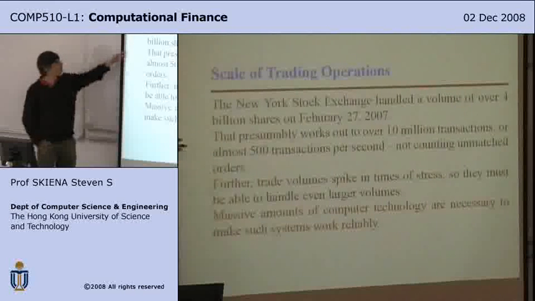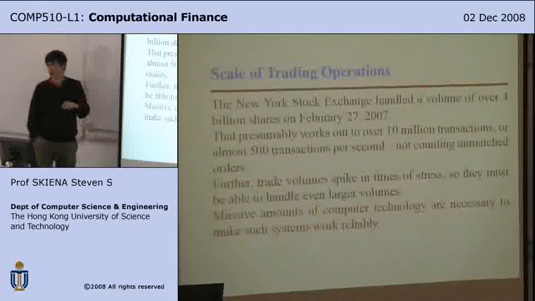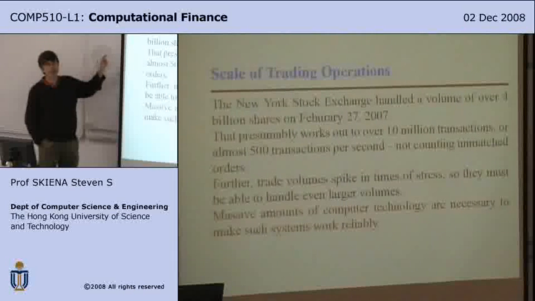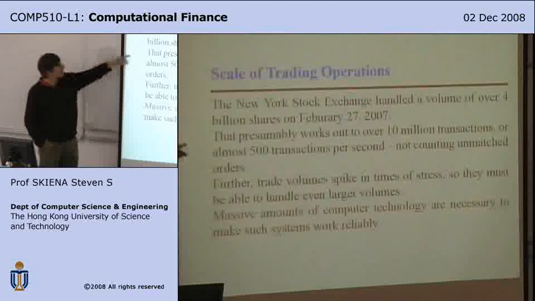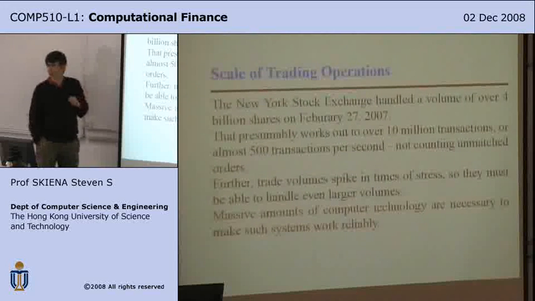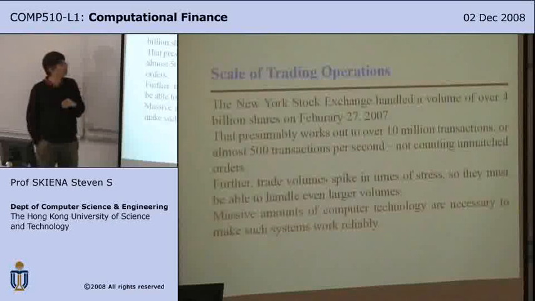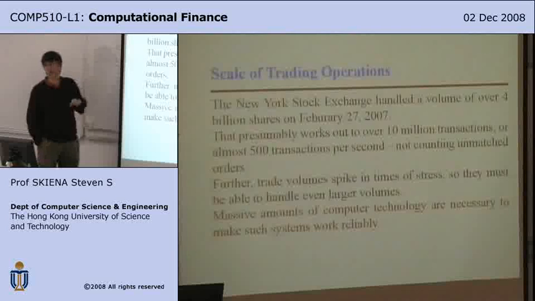So one way to think about it is that there are probably about 4 billion families, so maybe every family trades 1 share of stock a day. That's probably not the right way to look at it. But the way to look at it is, if the average transaction is on the order of 100 shares per transaction, which I know happens to be about right, a little bit more than 100 but not 1,000, that works out to about 10 million transactions during that trading day, which was about 6 hours long.